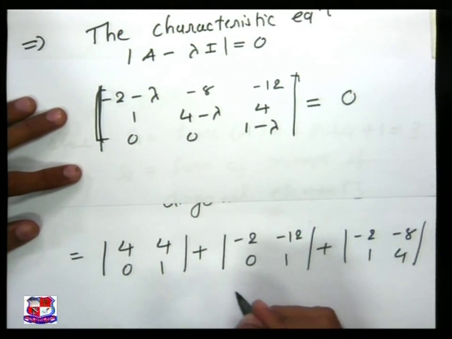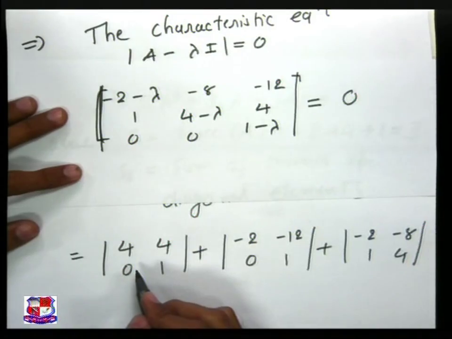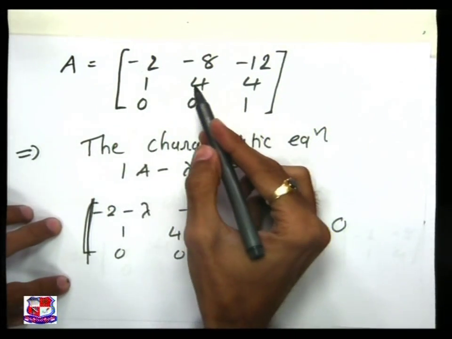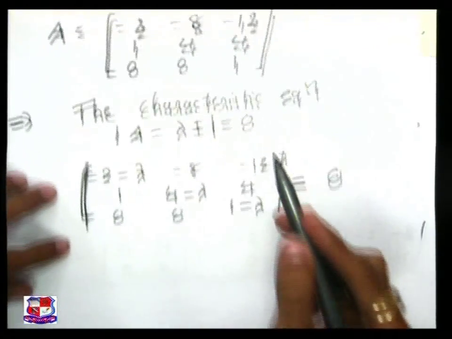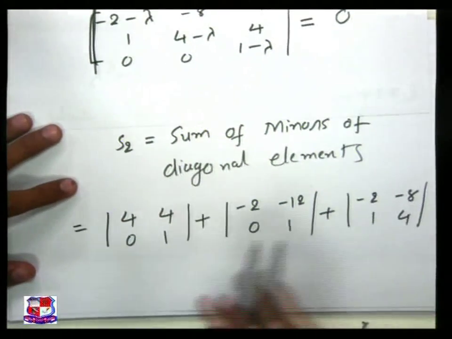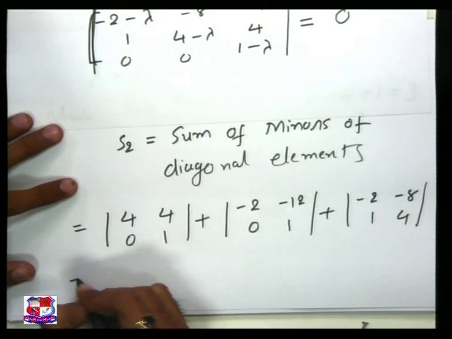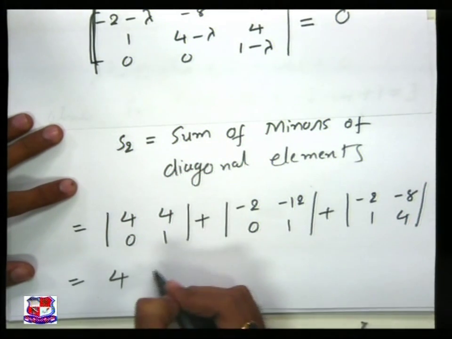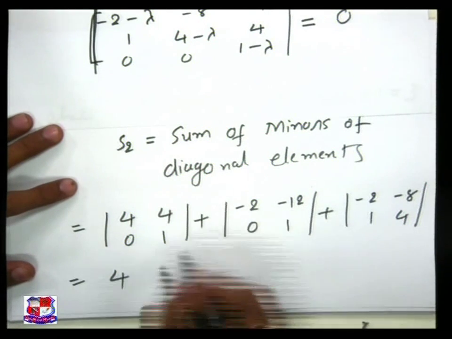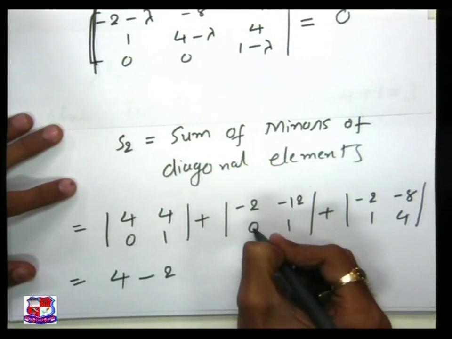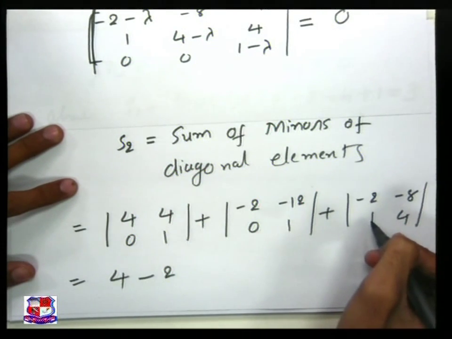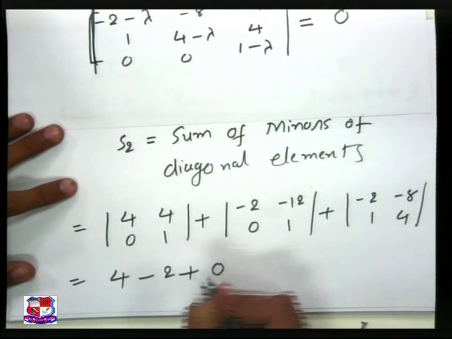To find S2, which is the sum of all minors, S2 is equal to the minor of minus 2, that is 4 4, 0 1, plus the minor of 4, that is minus 2 minus 12, 0 1, plus the minor of 1, that is minus 2 minus 8, 1 and 4. By finding the minors, the first one is 4, the second one is minus 2 because this one is 0, and the third is minus 8 plus 8, that is equal to 0.